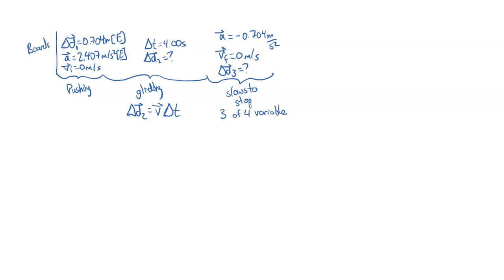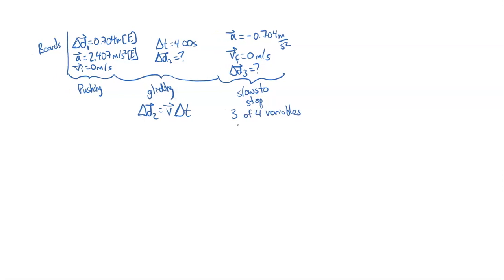So we have to find a fourth variable that we know. We only know 2 of them right now. So this is one of the big 5 that we're going to have to use. So here's the strategy. If we can figure out this velocity based on what we had in the beginning, because this should be enough information to give us the final velocity, because the final velocity right there is the velocity that he's going to glide at.